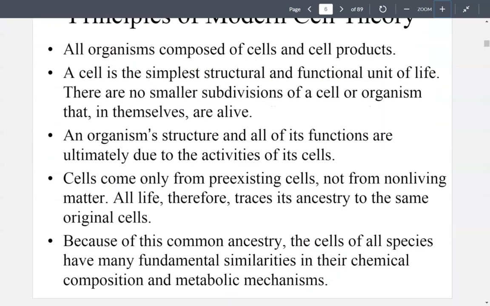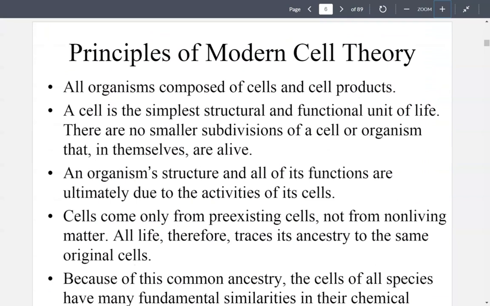All right, so there's this thing called modern cell theory. Modern cell theory is the thought that all organisms are composed of cells and cell products, organelles. Cells are considered to be the simplest structural and functional unit of life, as we saw in our organization chart back in Unit 1. And we do not really have anything smaller than a cell that we consider alive.